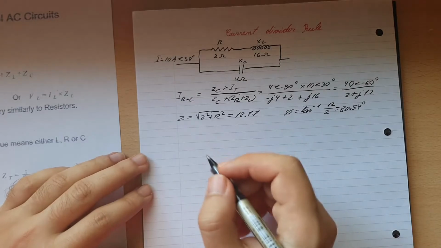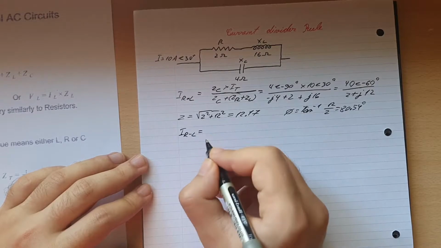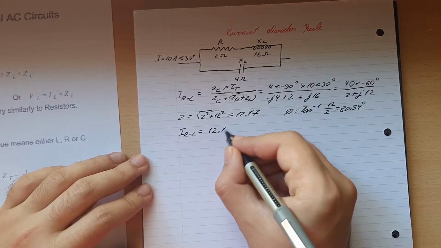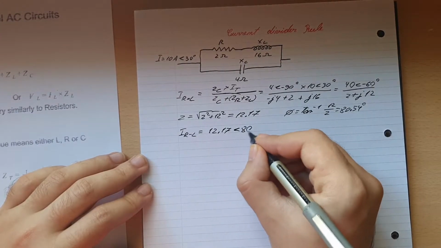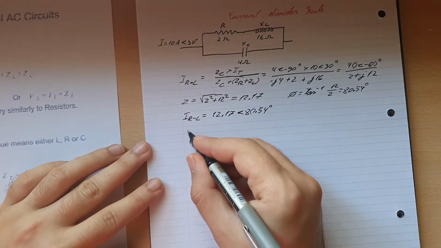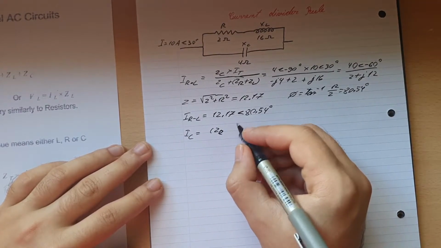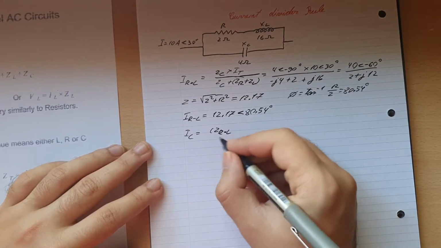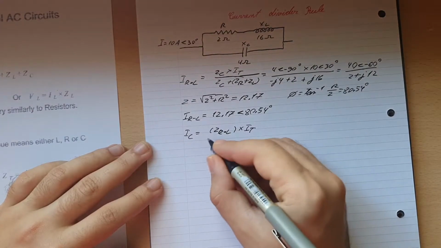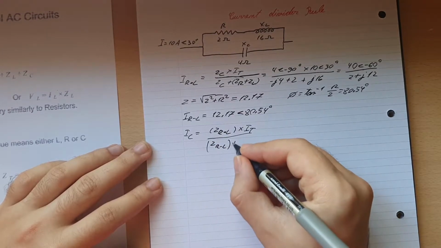Now let's go to the next one, actually let's write it. So then I_RL, basically the current through this, will be equal to 12.17 at an angle of 80.54 degrees. Alright, now let's go to the next one, which will be IC, which is equal to ZR and ZL, basically the ZR and ZL values added together, times the current IT, the total current, over ZRL plus ZC.